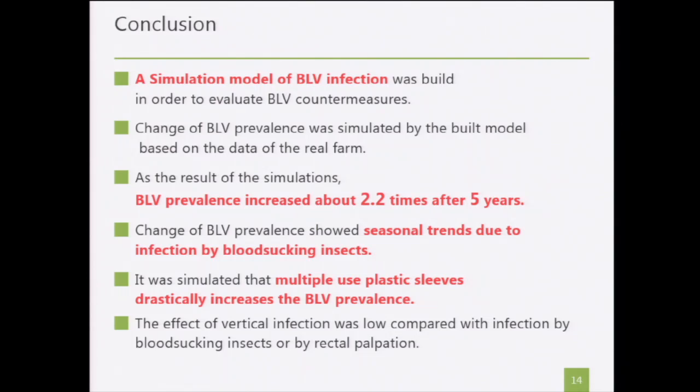And in conclusion, we built a simulation model for BLV infection. By the model, the change of BLV prevalence for 5 years was simulated based on the data of a real farm. And the simulation shows that BLV prevalence increased about 2.2 times after the 5-year simulation.